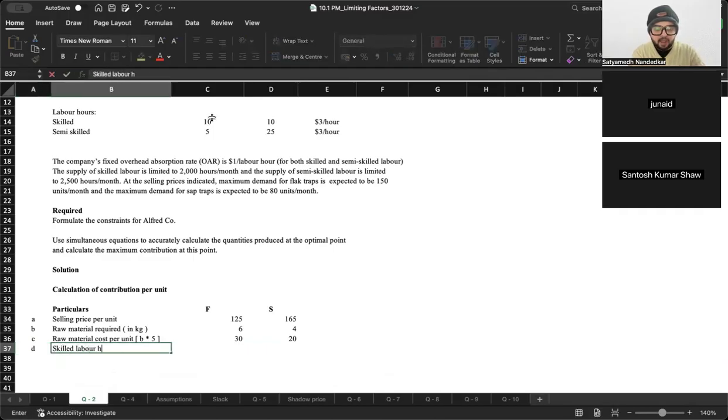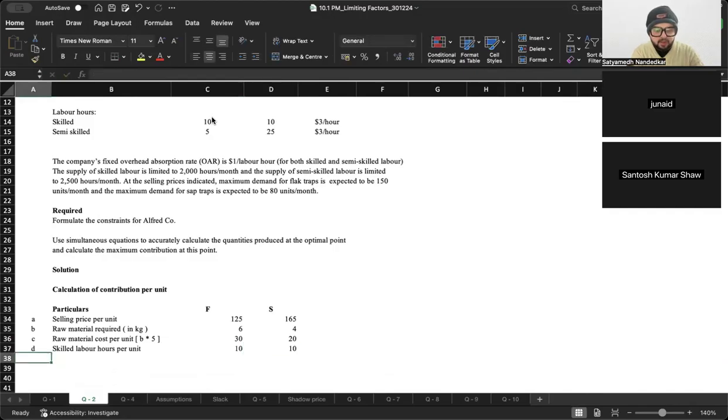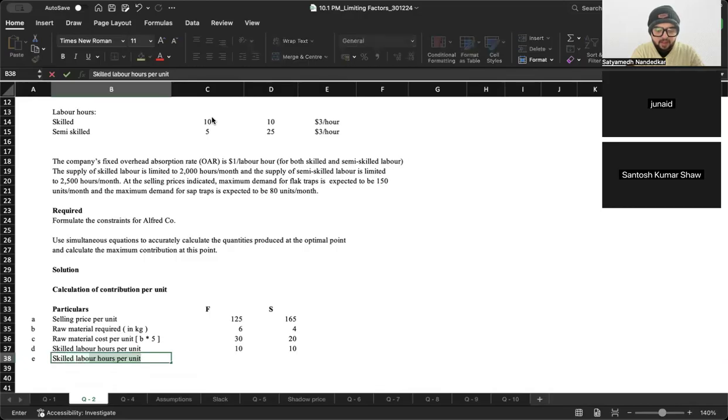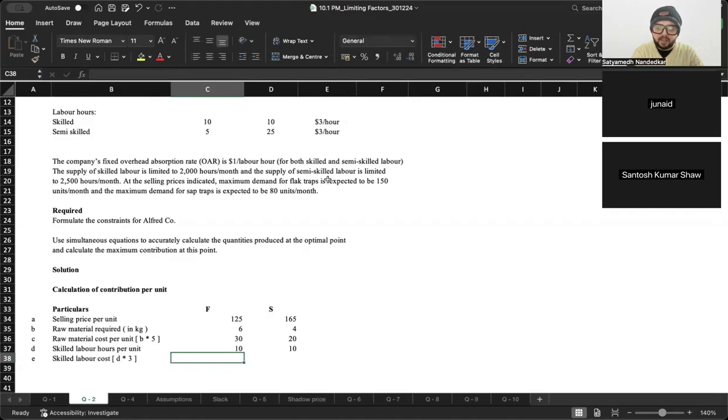Now let's write down skilled labor hours per unit. You need 10 hours of skilled labor for each, and therefore you can get skilled labor cost. How do you get skilled labor cost? D, which is the number of hours, into 3, that is the rate given here. 3 per hour is the rate.